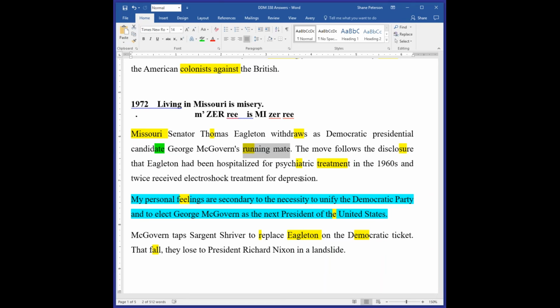Really? That's really interesting. Running mate in this case is vice president. Yeah, in Brazil the current president is a former vice president. Brazil had impeachment and the president got out. Yeah, what happened to her?